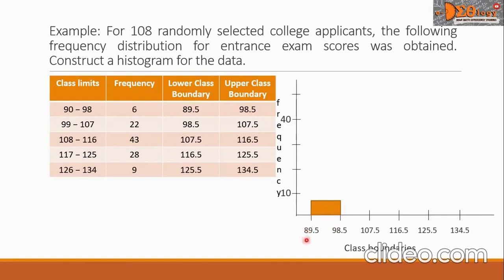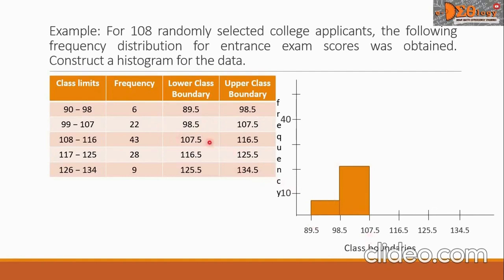The width is from 89.5 to 98.5 and the height is up to the level of 6 in the frequency. For the second class interval, we have the class boundaries from 98.5 to 107.5. So this is our interval, and the rectangle corresponding to that is this one with a height that is equal to 22 in the frequency.